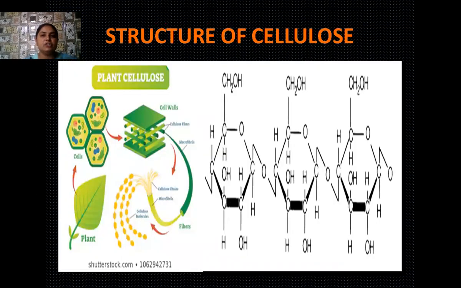Yes, students, the structure of a complex carbohydrate, cellulose, is visible to you. You know that cellulose is present in the cell wall of the plant. So here you see the structure of that cellulose. You must remember that always in a carbohydrate, a heterocyclic ring is present.